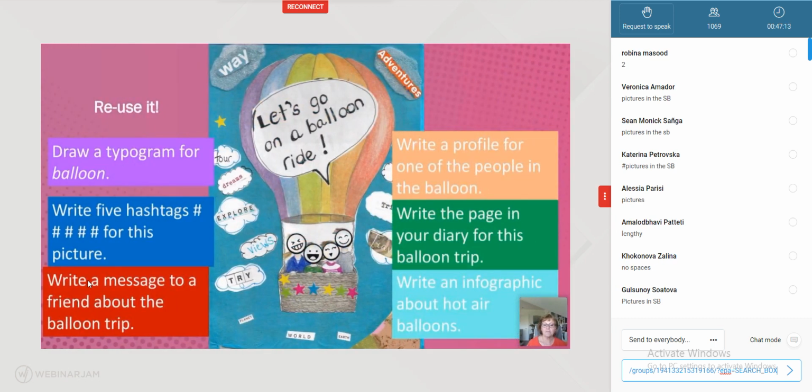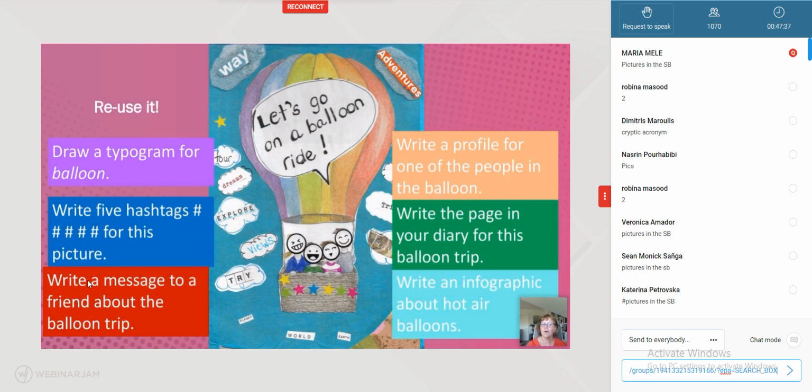So I mentioned before about reusing activities, reusing the infographics, reusing the mind map. So I've gone back to my balloon ride picture and I've thought of activities that you could do with that picture and thinking about the ideas I've been sharing.